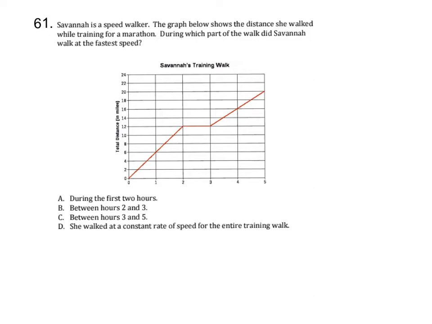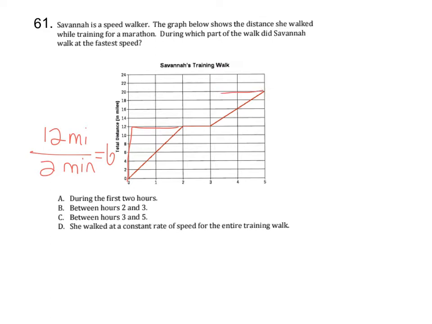So if we look just at the graph, this part to me looks steeper than that. Now, if you wanted to double check, you can always double check with the slope. Here the slope is 12 miles in 2 minutes, which is 6 miles per minute.